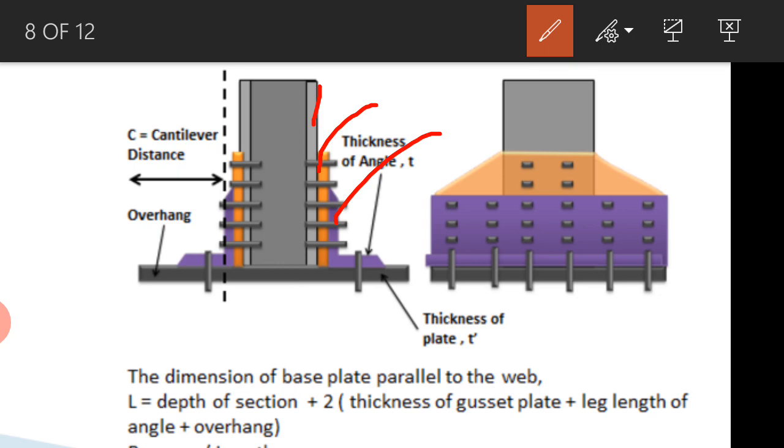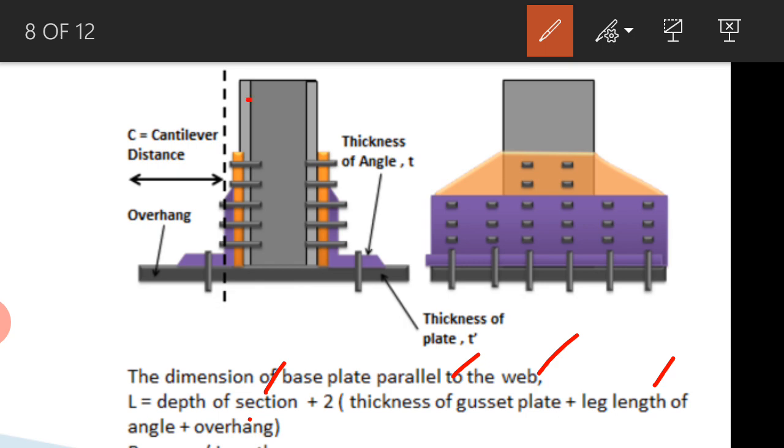Okay, so how do you get the dimensions of base plate? Dimensions of base plate parallel to the web. So that is first the depth of section, means what is the depth of section? Then 2 times the thickness of gusset plate, and 2 times the leg length of angle, plus overhang.